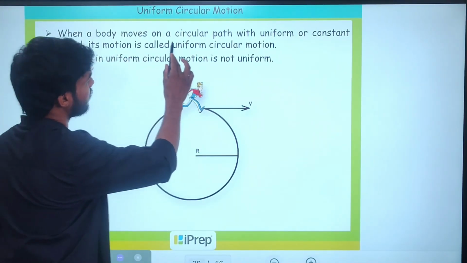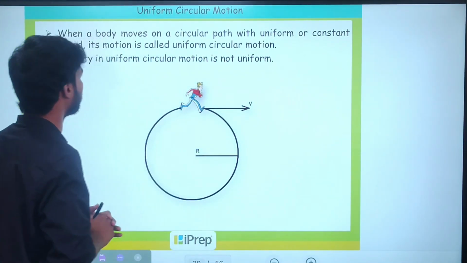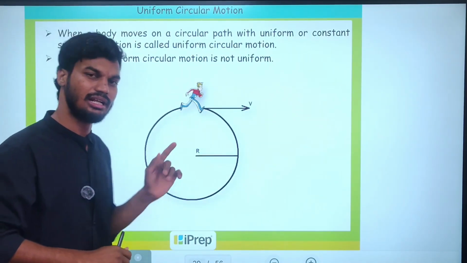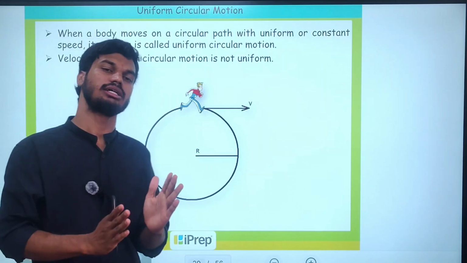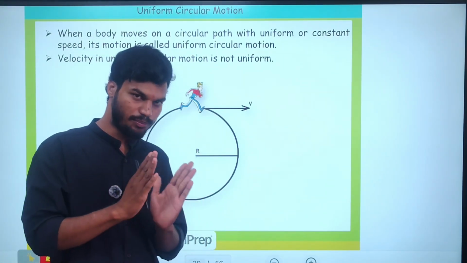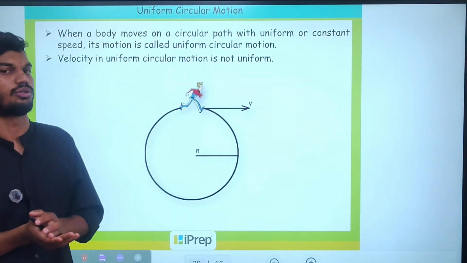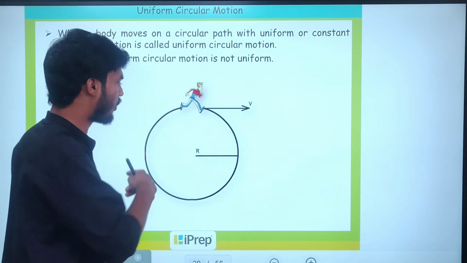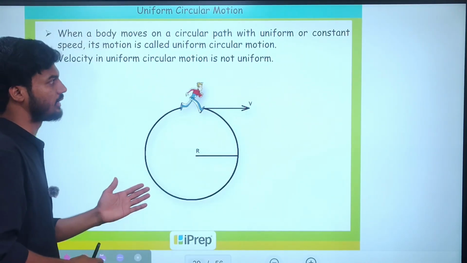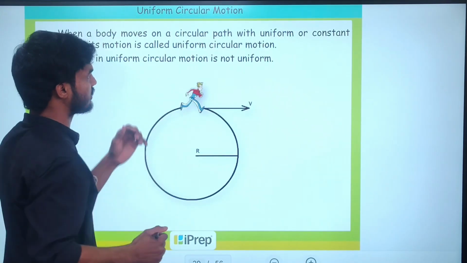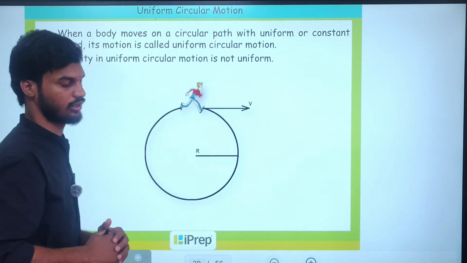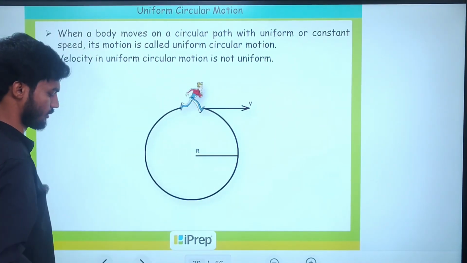A body that moves in a circular path with uniform or constant speed is called uniform circular motion. It means the body is traveling around the circle with a constant speed. The body is in a circle, right? For that reason, you can say uniform circular motion.